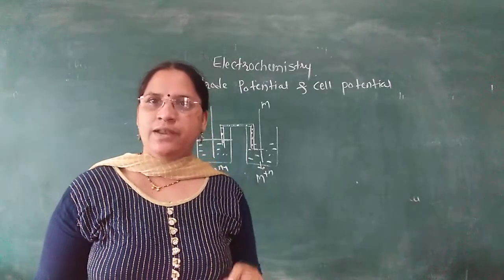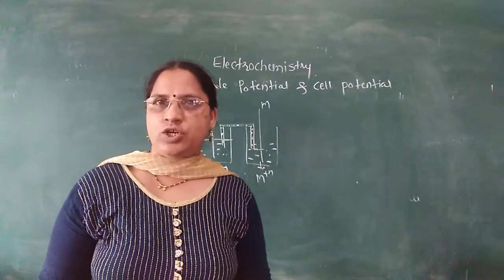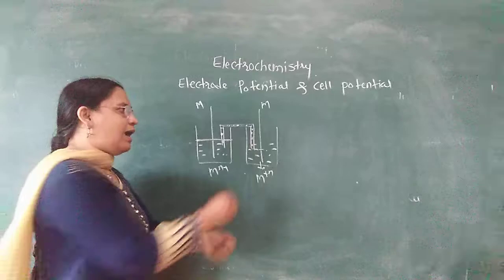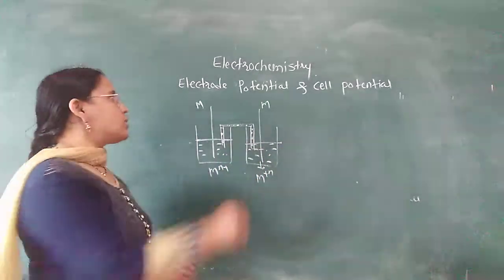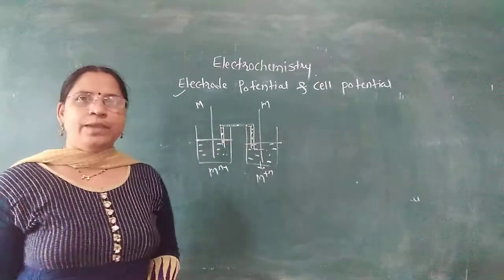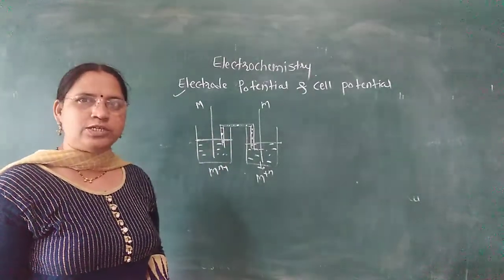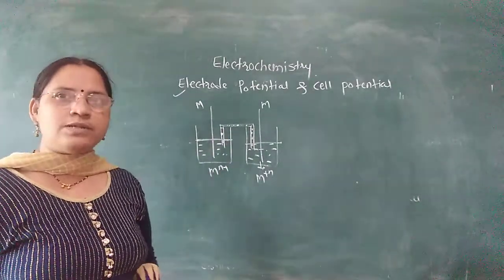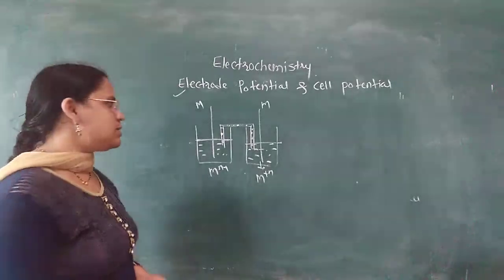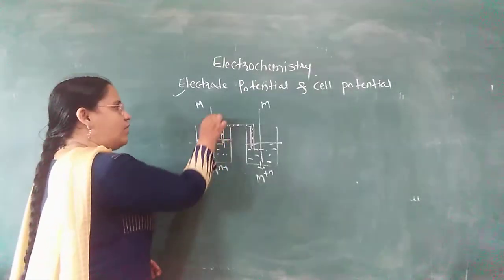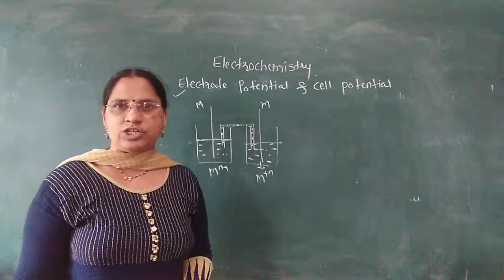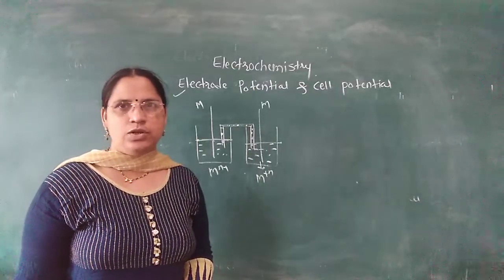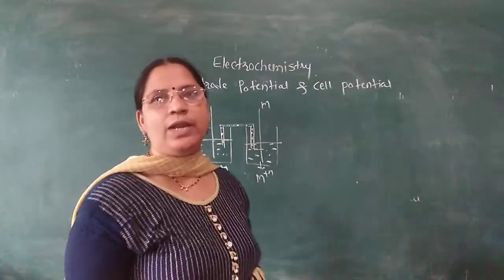This potential difference, established due to electrode half reactions at the surface of the electrode, is called the electrode potential. May I repeat, what is electrode potential? The potential difference established at the surface of the electrode due to the electrode half reaction is called the electrode potential.